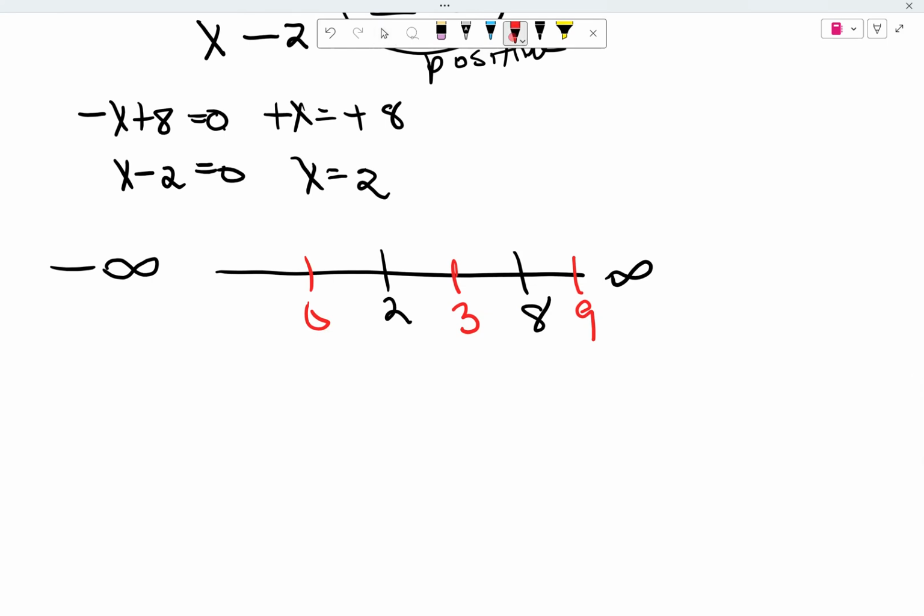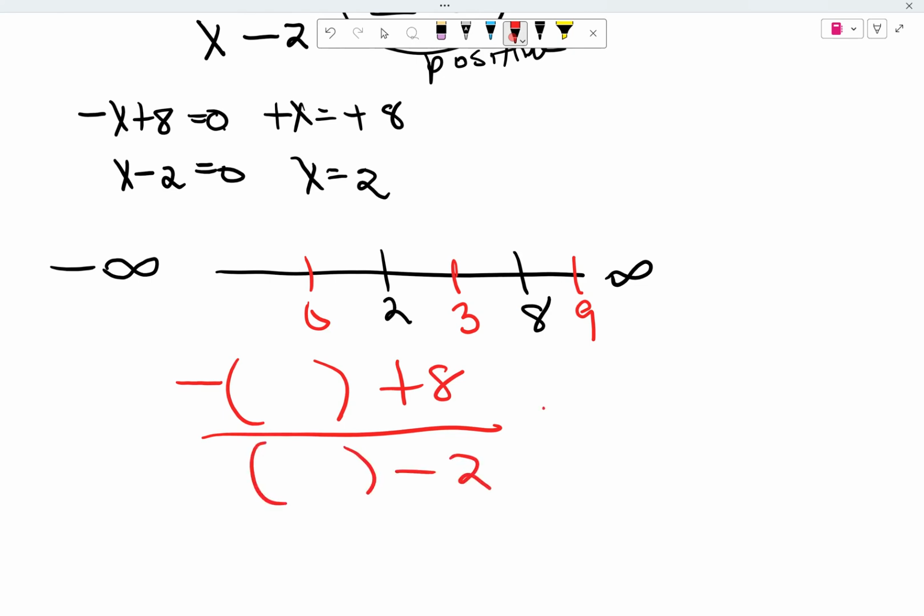So this is minus some number plus 8 over some number minus 2. And there's a reason I'm writing it like that. This makes it easier to see. So for example, if I try the 0, put a 0 here and a 0 here, I get 8 over negative 2, which is a negative number. So this is not a solution, right? Easy to see.